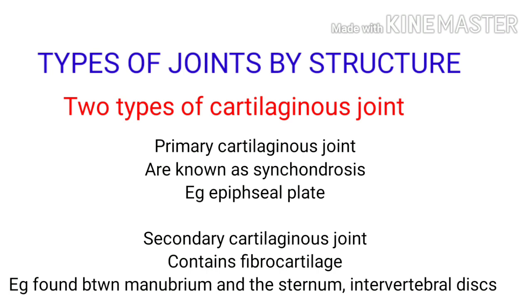In primary cartilaginous joints, we have synchondrosis that contains hyaline cartilage. An example is the epiphyseal plate, or growth plate. In secondary cartilaginous joints, we have symphysis that contains fibrocartilage. They are compressible and we can find them between vertebrae and in the pelvis.